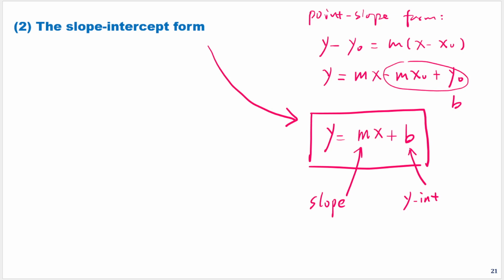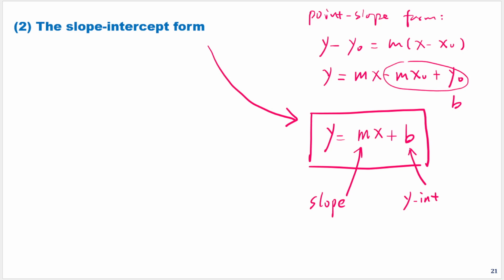It is the y-intercept because if you let x equal 0, then y equals b, therefore b is the y-intercept. So in this equation, we can locate both the slope and the y-intercept. Therefore, a form of equation like this is called the slope-intercept form of a line in 2D space.